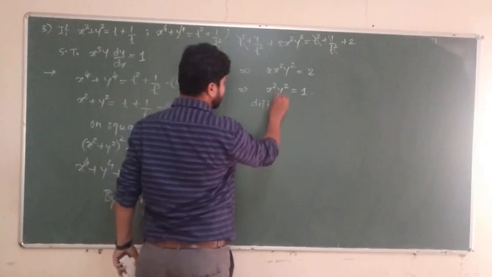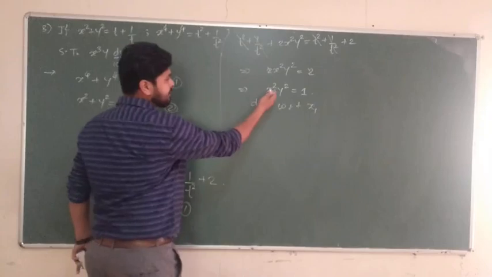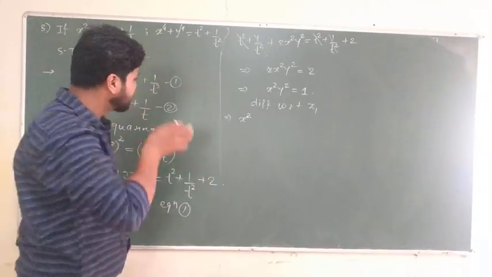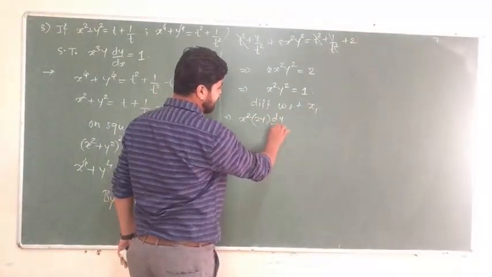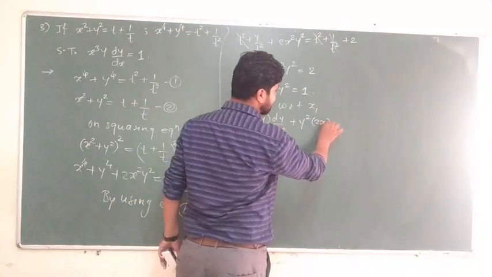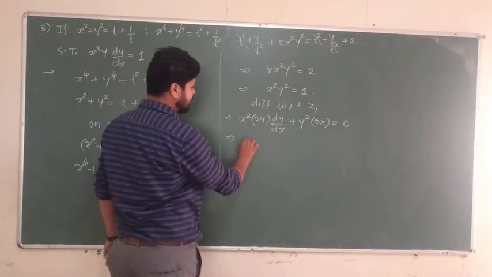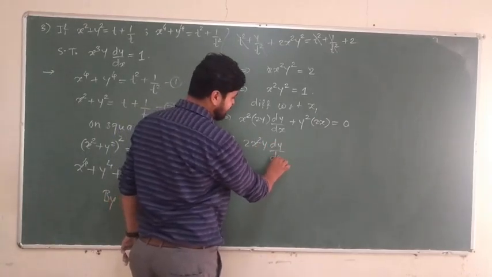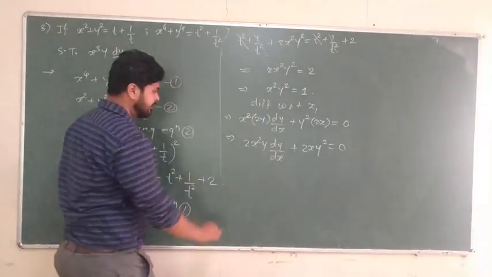So if I differentiate the above equation with respect to x, then it is an implicit function. So we are using the product rule, u into v rule. So x square as it is, the derivative of y square is 2y into dy by dx, plus y square as it is, the derivative of x square is 2x, and the derivative of 1 is 0. So from this it is 2 times x square y dy by dx plus 2x y square equal to 0.